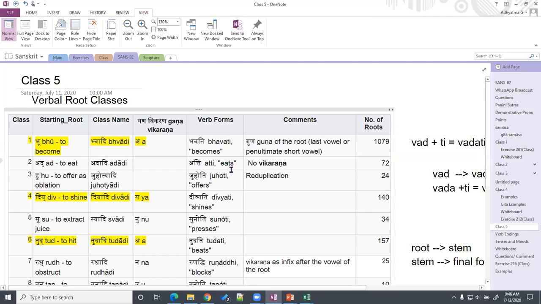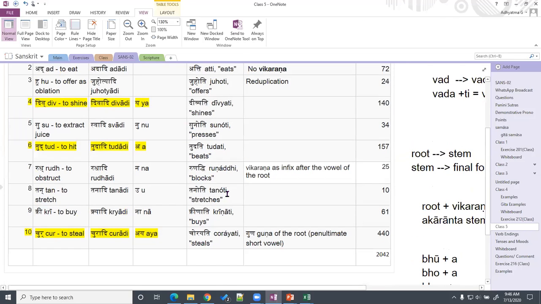Why does the O in Tanoti have this accent above it? That's wrong. Here also there is an accent, and that should not be there. Tanoti and Sunoti also. So thank you for pointing it out. It should not be there.